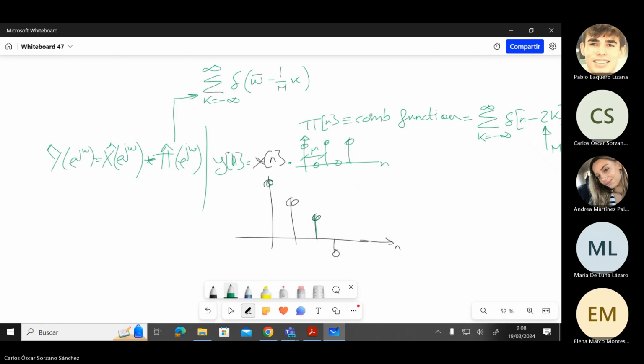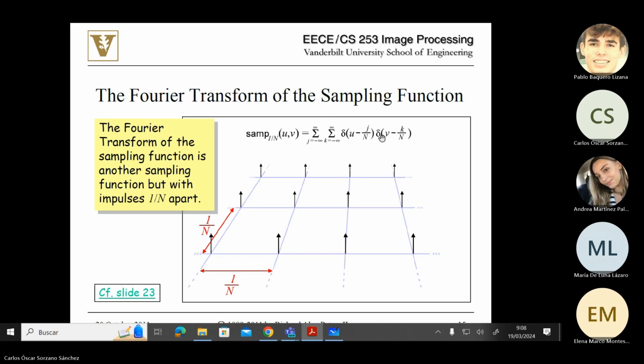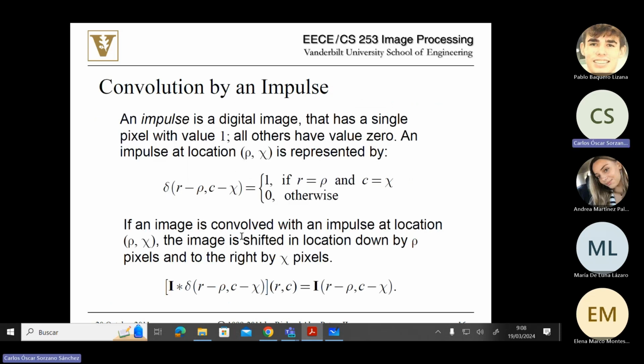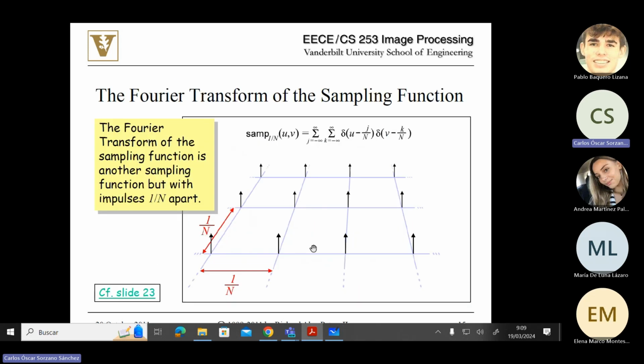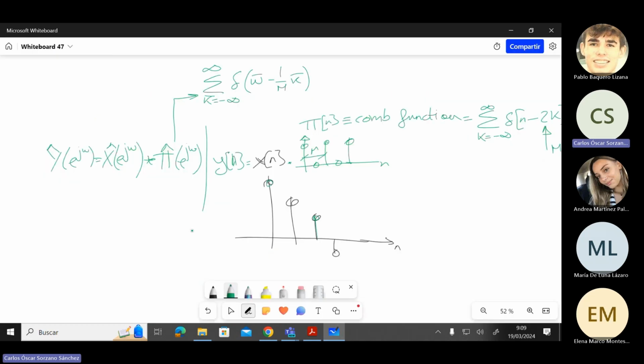There is something important here, please. It is another comb. Now, if you convolve with a comb, a set of deltas, what you are doing is taking your original spectrum, which was this one, and placing it at the location of each one of the deltas.